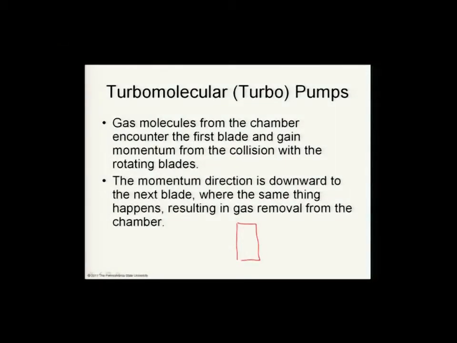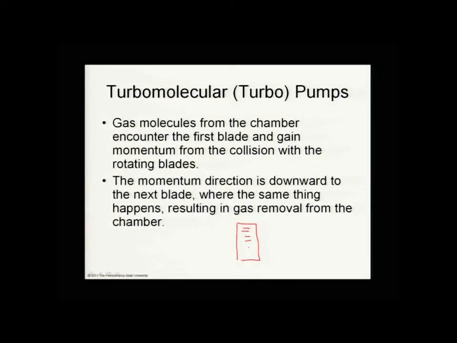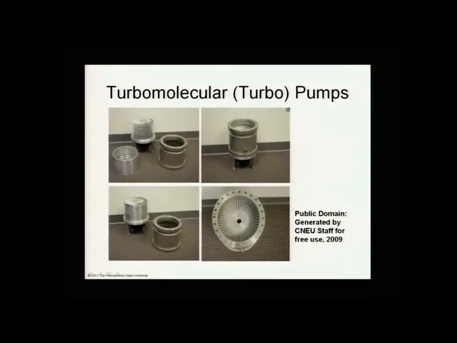So this is composed of the blades. This is not drawn correctly, of course. The molecule comes in, bam, it shoots it down, and then out like a jet engine. So that's how we remove gas from the processing chamber up here somewhere. No oil, looks very clean, good pumping system.